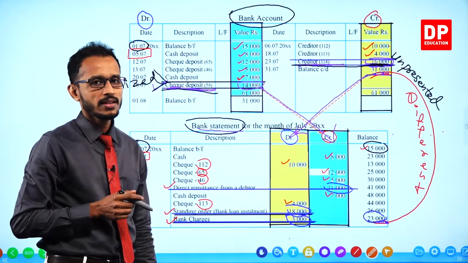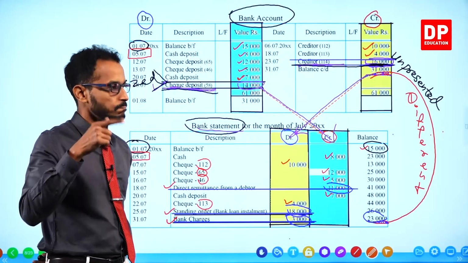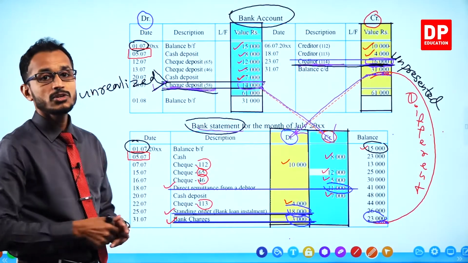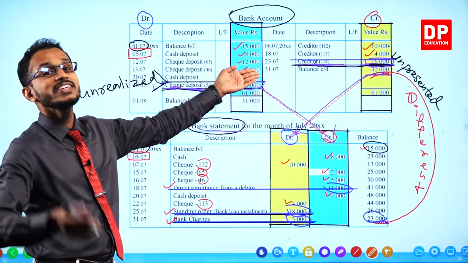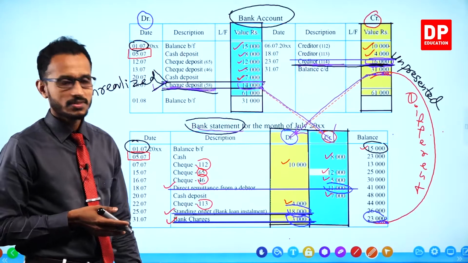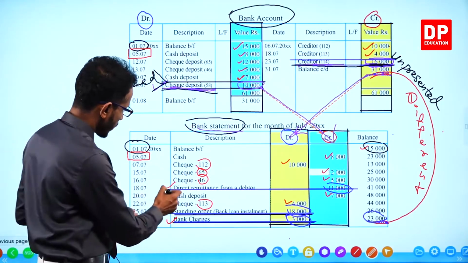That is when you understand, right. So these are the items we should take to the bank account when we adjust it to the adjusted bank account. These items.